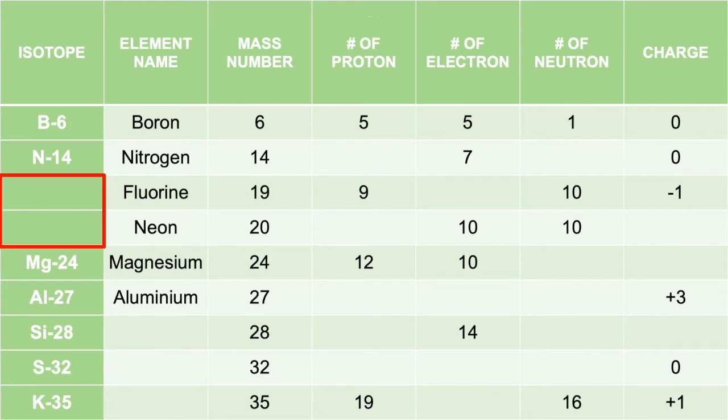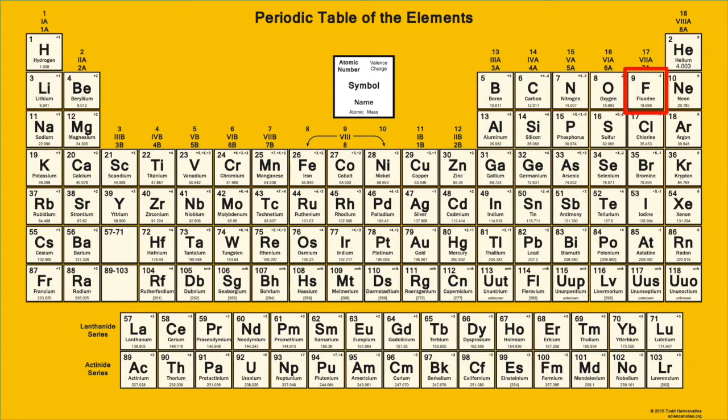We have 2 blanks on the first column, meaning we are going to write the shorthand notation for the isotope of fluorine and neon. Now, how do we write the shorthand notation for the isotope of fluorine? It is now time for you to use the modern periodic table of elements that was given to you by your teacher. Try to search for the element of fluorine.